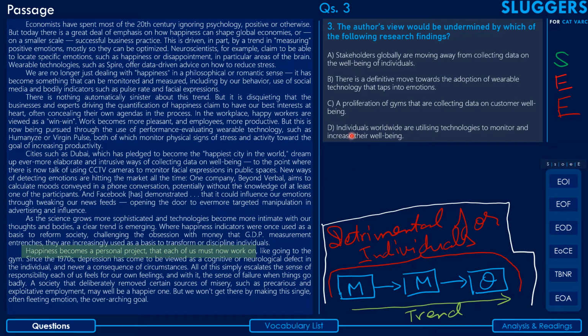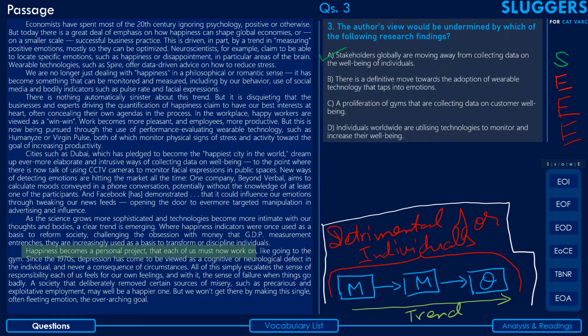It might as well be that the individuals are utilizing this after having fallen prey to happiness becoming a personal project idea, where they are being manipulated and pressured, and their emotions are being optimized for better productivity. The option is not clear on which of these two is the cause. So because we're not clear on that, we can't necessarily say that this will undermine the author's point of view, and hence even this option can be eliminated. Your correct answer here will be option A, which definitely undermines the author's point of view.